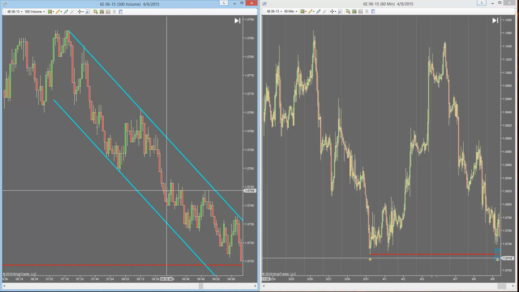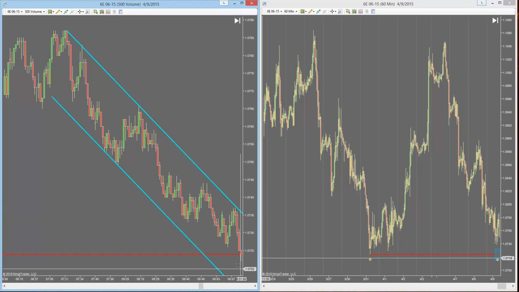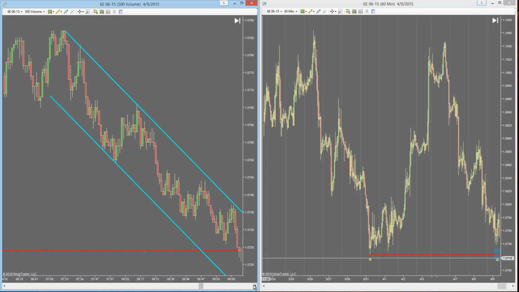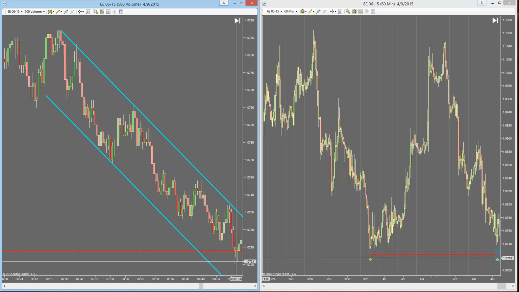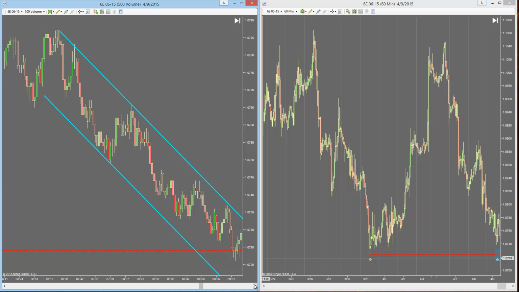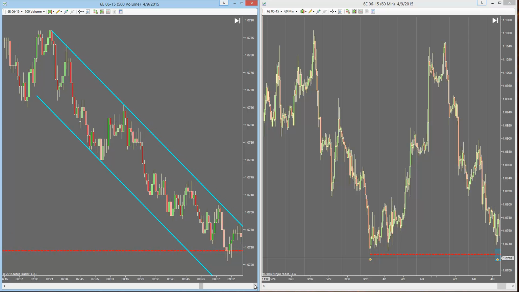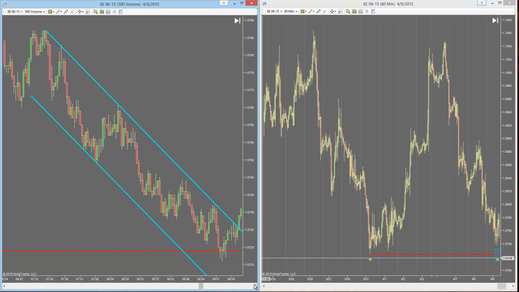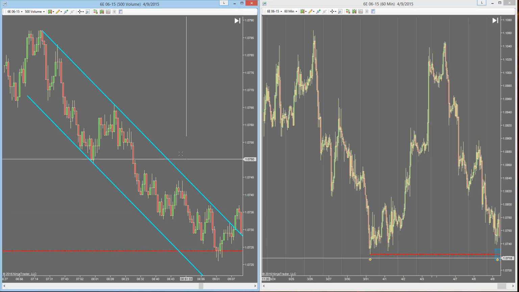So as we approach this 107.24, we get a pullback from 26 and it goes 11 ticks back. It then goes through a few ticks. It goes to 107.21, and then it pulls back, and it actually goes through by quite a bit. So this is what I was saying about the channel not being particularly useful from a technical standpoint.